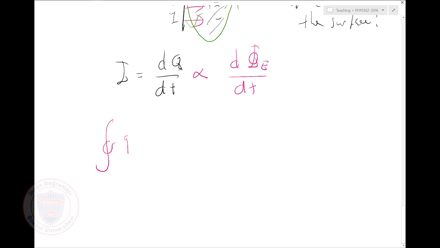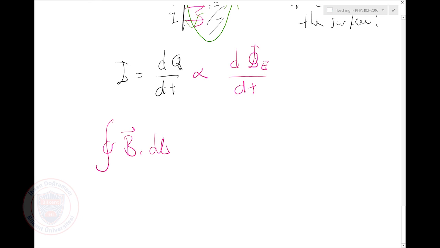So this is going to be proportional to the electric flux through my surface. So maybe I should add a term into Ampere's law which takes this change in electric flux into account. So he calculated, and we can do the calculation, it's not a hard calculation.